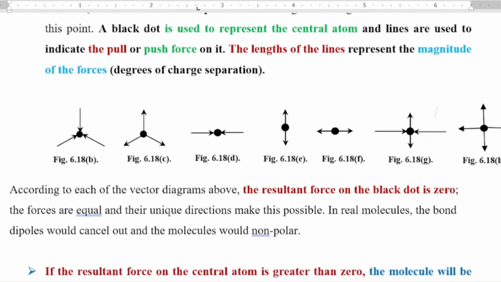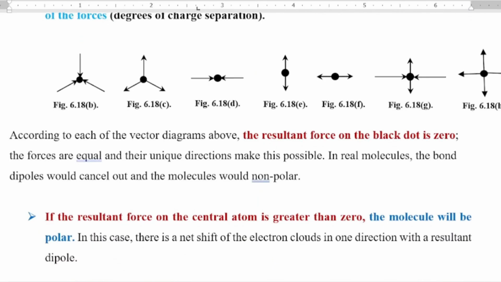So I want you to inspect these vector diagrams here. This is the central atom, and let us suppose that these are the peripheral atoms. In this case, the central atom is more electronegative than the peripheral atoms. We can thus say that there are three equal forces separated by angles of 120 degrees pushing on the central black dot.